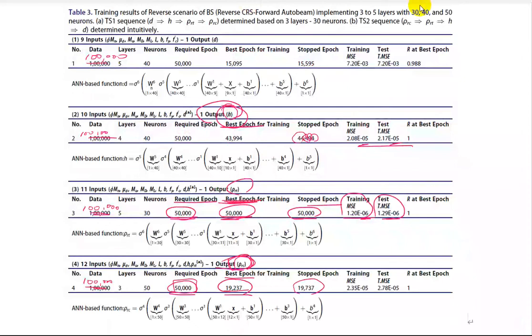So you have achieved enough training accuracy, because your epoch stops well before 50,000, which was requested by the system. It is very nice to see these epochs, which are less than the one you requested, and the training process terminates.